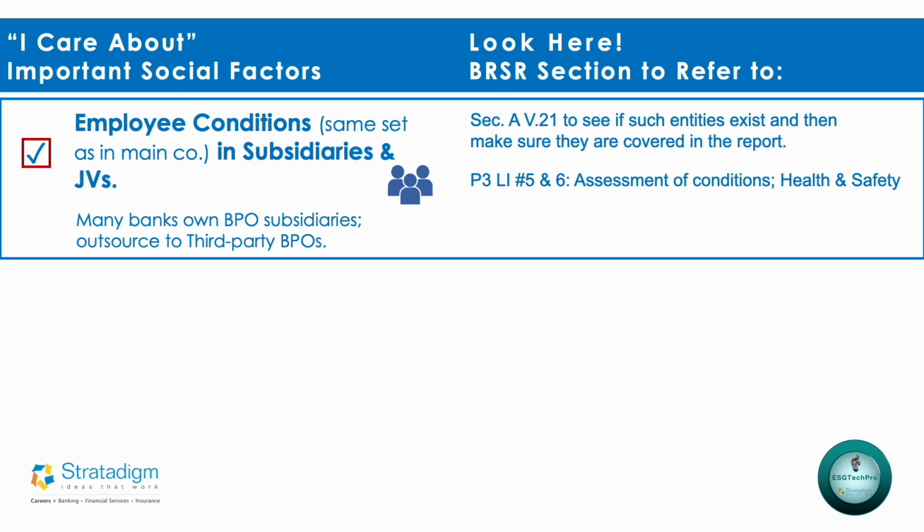How are those factors at a contractor, at a subsidiary, at a joint venture? What are the working conditions, pay, health, safety, all those issues in subsidiaries, joint ventures, and contractors? And we know that in the top 3 itself, there is at least one bank that has a subsidiary where it outsources all its work.